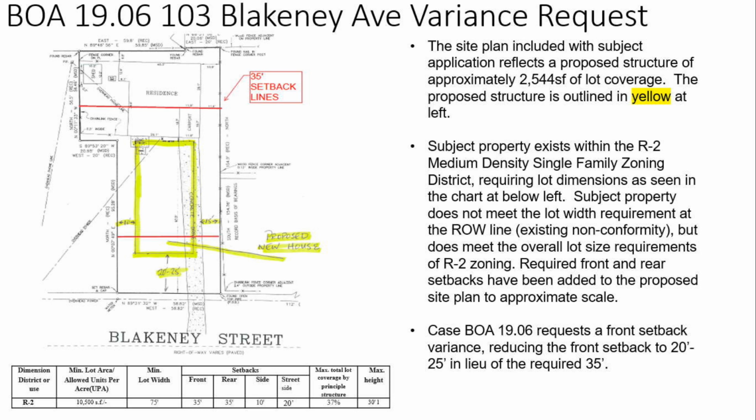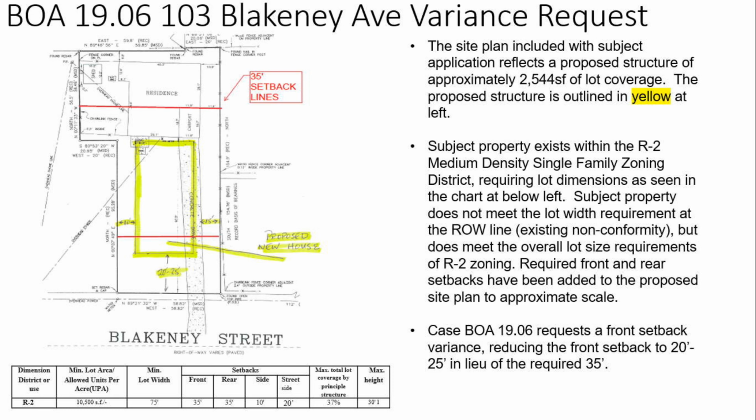The subject property does not meet the required lot width along the right-of-way for R2 zoning. But you'll see on a subsequent slide that the subject property is of sufficient size for R2 zoning and actually exceeds that requirement. We'll reference back to this drawing as necessary.